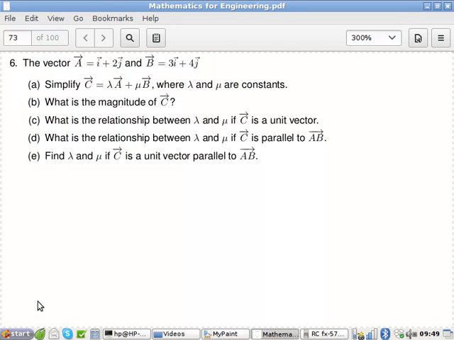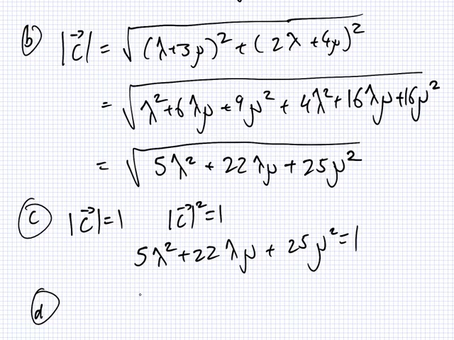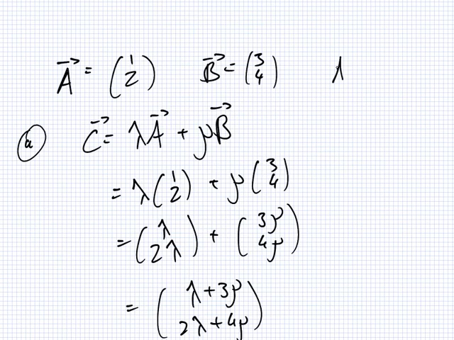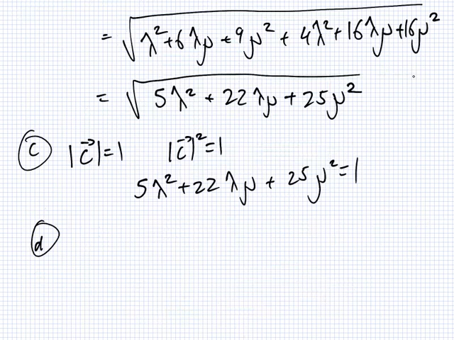D. What is the relationship between lambda and mu if C is parallel to AB? Just up the top for the moment, I need to work out what AB is. AB is B minus A, so that's (2, 2). So C is parallel to AB, which is (2, 2).